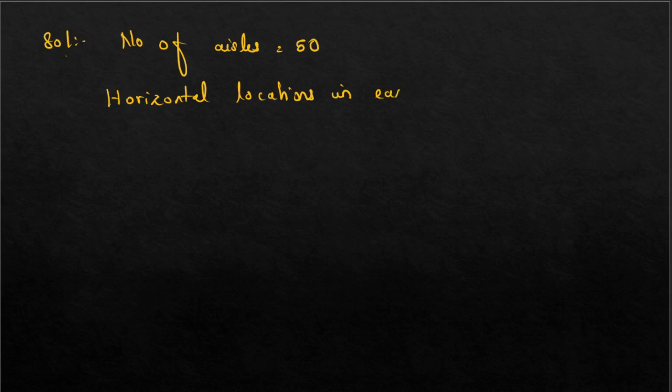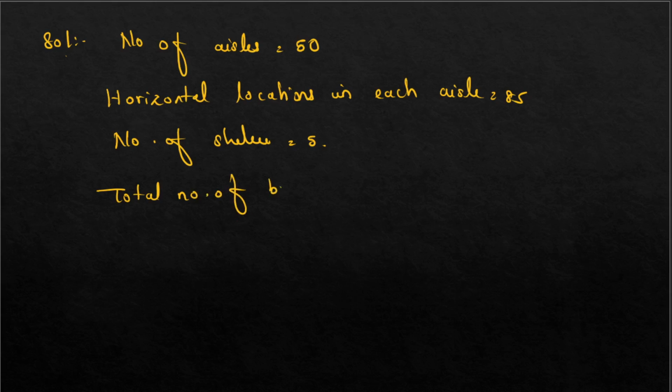What will be the total number of bins? Total number of bins will be 50 into 85 into 5, which is 21250.